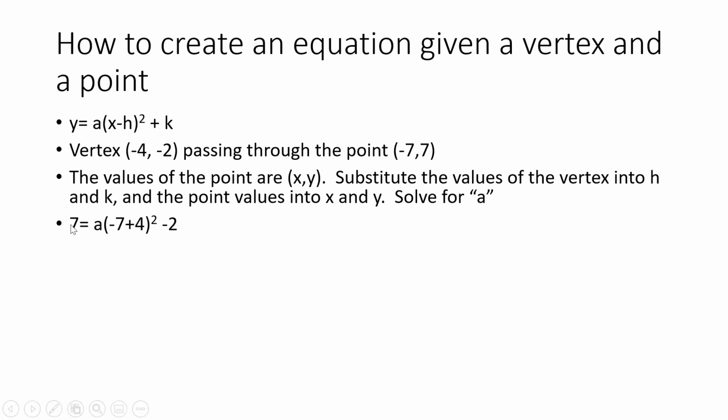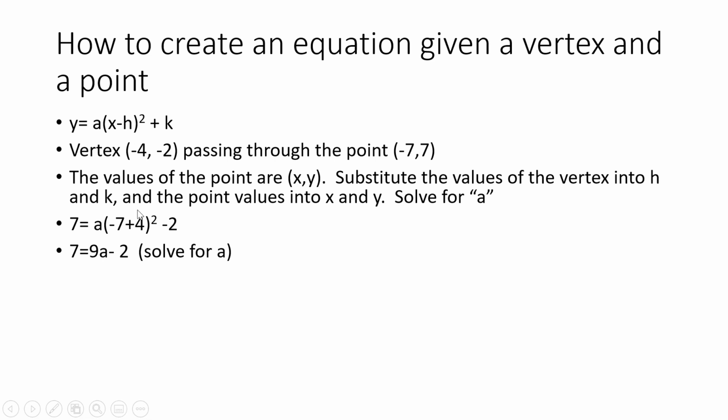So we have 7 equals a times (-7 plus 4) squared minus 2. Again, the y comes from the y value of the point. The x is the x value of the point, and then we have our h and k values. Now we're going to do PEMDAS. So we do our parentheses first, which gives us -3. We're going to square it, which gives us a 9.